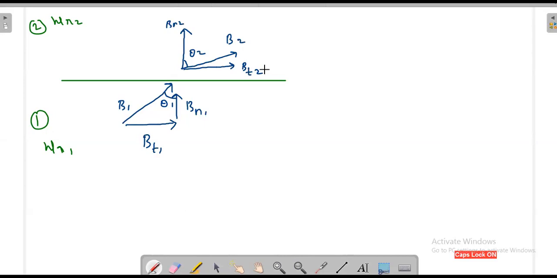Whenever you have a component, you can resolve it into horizontal and vertical components. Now I choose an imaginary cylindrical surface here, something like this.